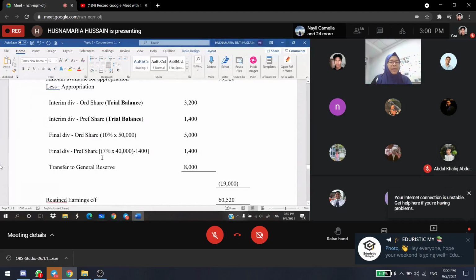The limit is 7%, meaning the total of the dividends that we can pay to the preference shareholders, the maximum is 7%. Cannot be beyond that. So during that year, we have paid our preference shareholders 1,004.